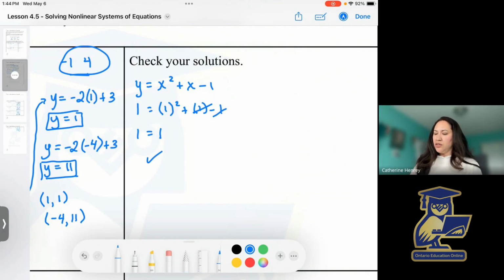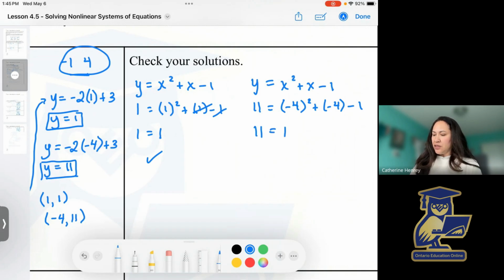And the next one we'll do, same with the original quadratic function, x squared plus x minus 1. This time we'll substitute our second point, which was -4, 11. -4 was the x, square that, plus -4 minus 1. 11 equals -4 squared is 16, minus 4 minus 1.